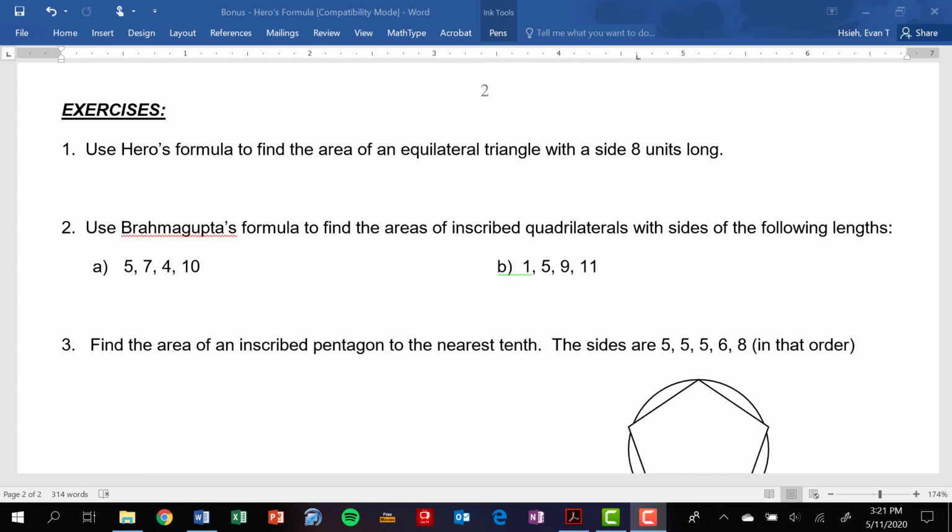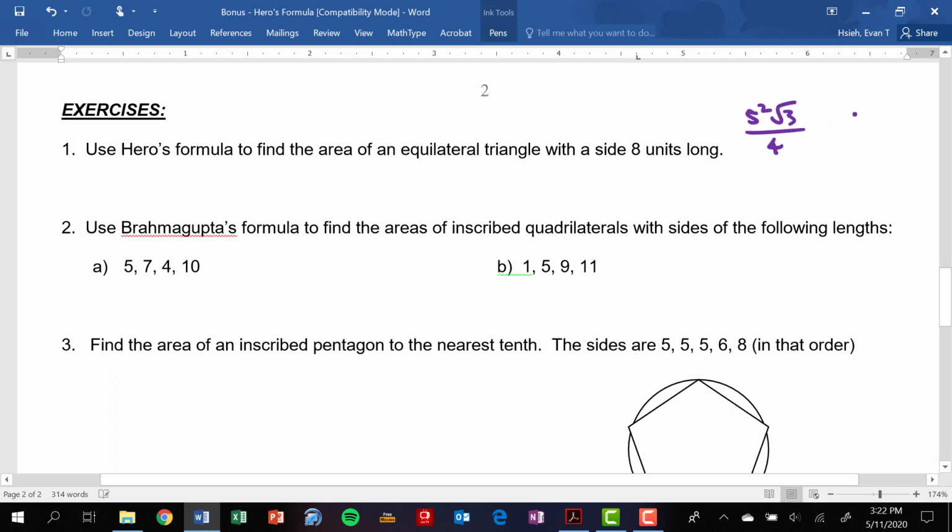Okay, we're on the back side of the Hero's formula worksheet. We want to use Hero's formula to find the area of an equilateral triangle with a side of 8. You could always do, of course, s squared root 3 over 4, and you should get 64 root 3 over 4, which is 16 root 3. But for fun, if you wanted to use Hero's formula, you can find the semi-perimeter, which is going to be 3 times 8 divided by 2, right? 8 plus 8 plus 8 over 2, which is 12.